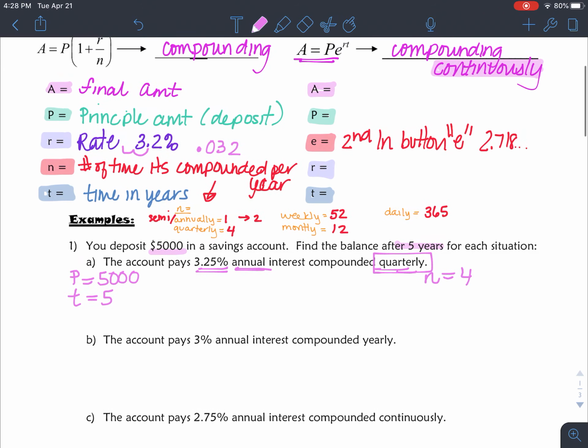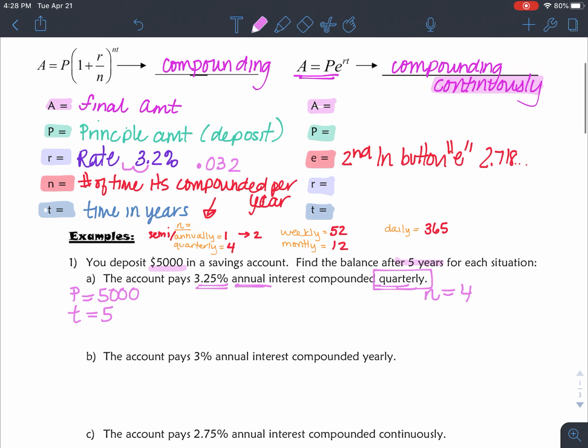So now let's use our formula. We have A equals P times 1 plus R over N raised to the NT, because it didn't talk about compounding continuously. We want to find that final amount. Plug and chug what we know.